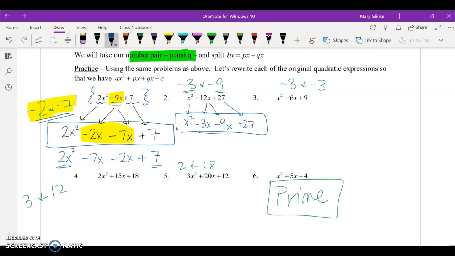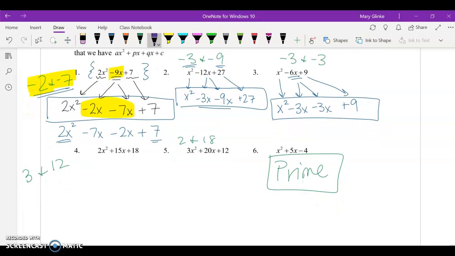Noticing if you combine the middle terms, you get back to what you started, so you're doing it right. Number 3 here, bring down your first, bring down your last, and split the middle term into my two numbers, which were -3 and -3, and each of those have an x. So it's x squared -3x -3x plus 9.